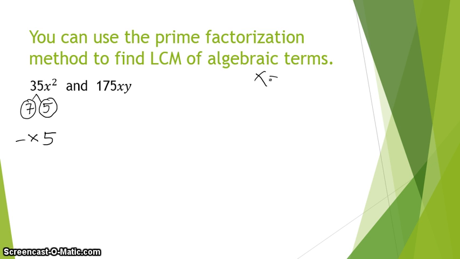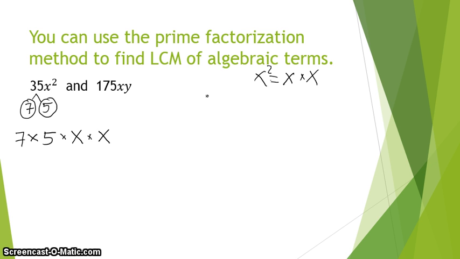So I'm going to write it right here so you know what I'm talking about. X squared is x times x. I'm going to write times x and times x. So this is my prime factorization of 35x squared. There's my 35, there's my x squared.